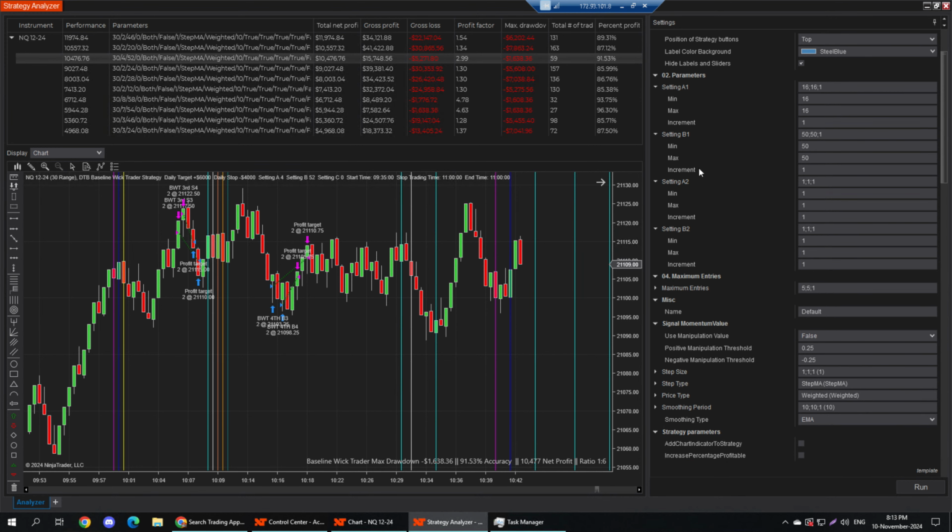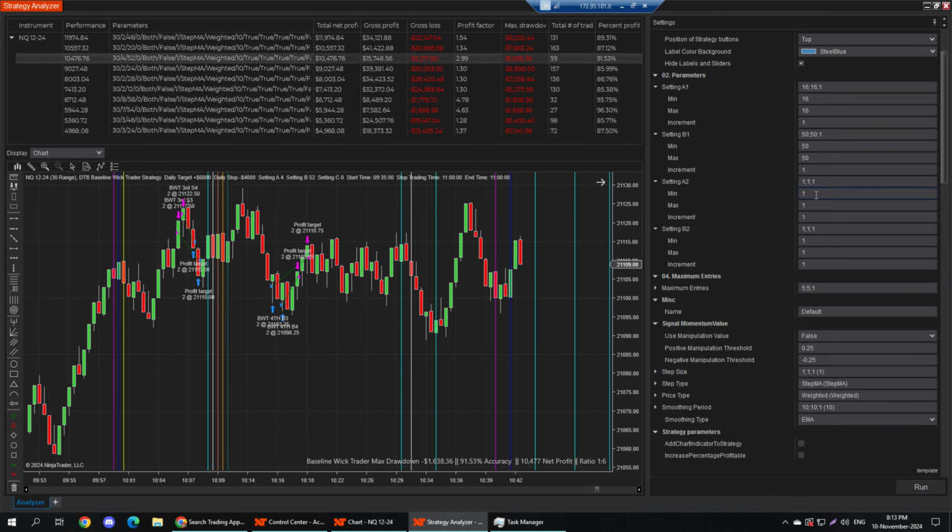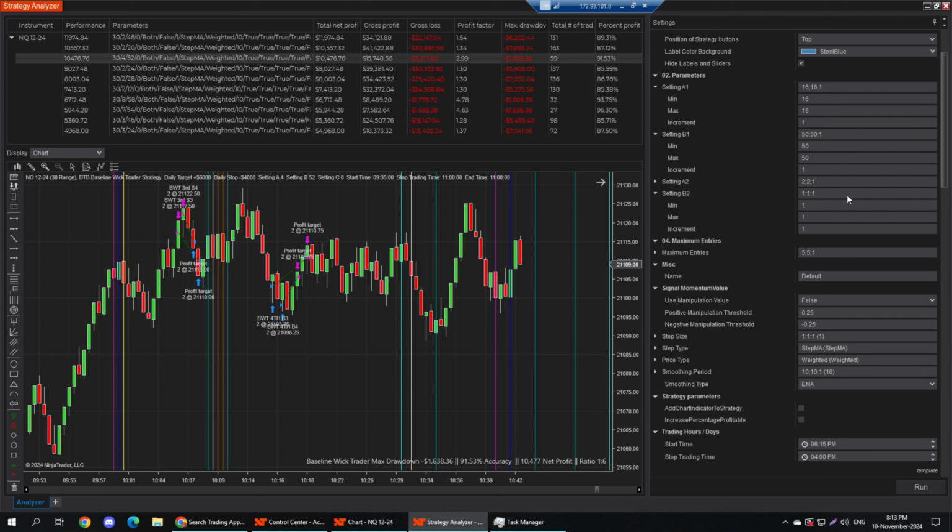All we've done on the baseline Wick Trader is set the A setting on A2 to be 2, and then you optimize this. So it's basically the same thing. We've just hidden the A setting, and I thought that was fine to do.